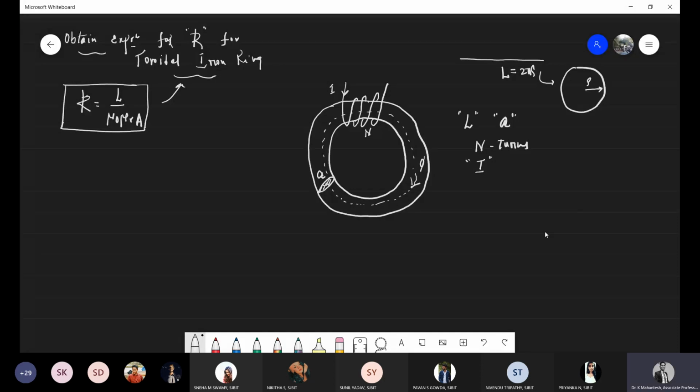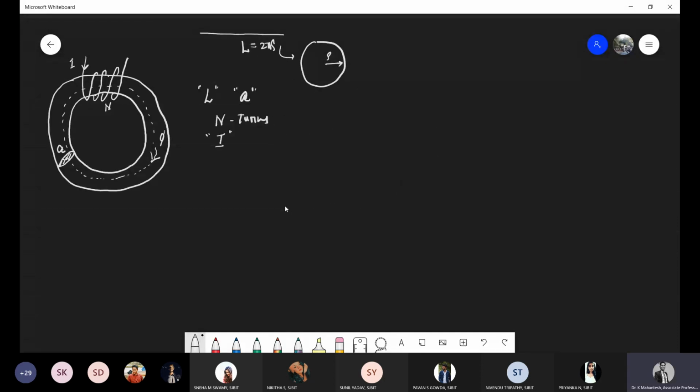From the definition in the previous class, the magnetomotive force Vm is given by Vm is equal to Ni, which is equal to the closed line integral of H dl. This is from Ampere's circuital law from the previous chapter.